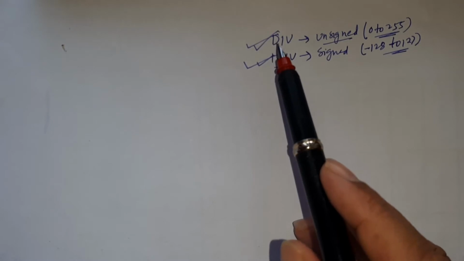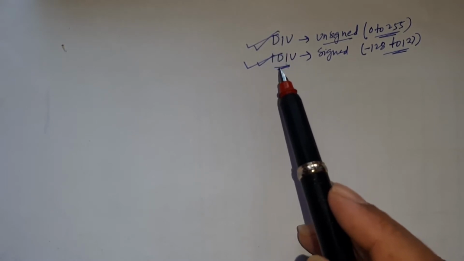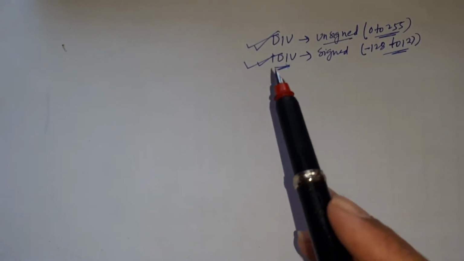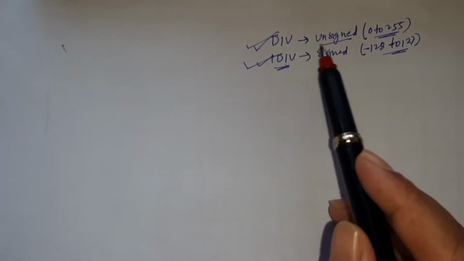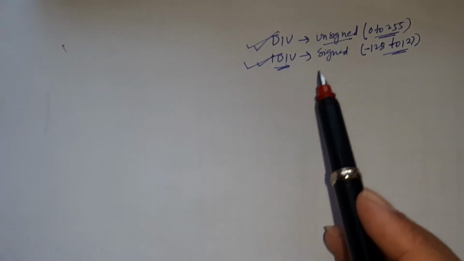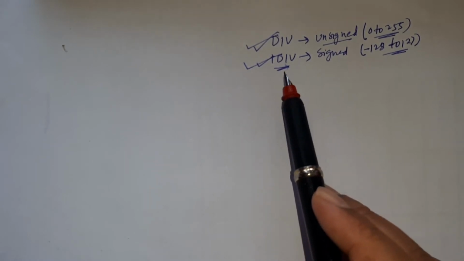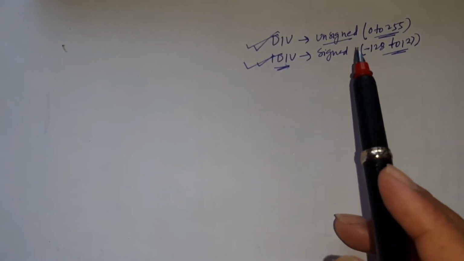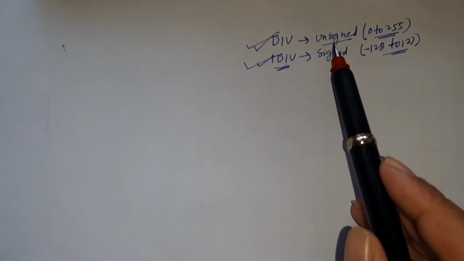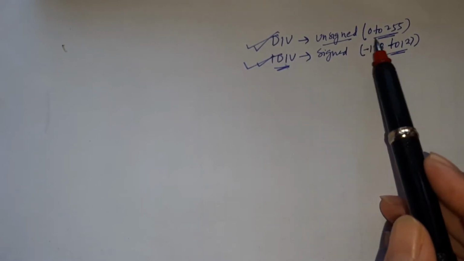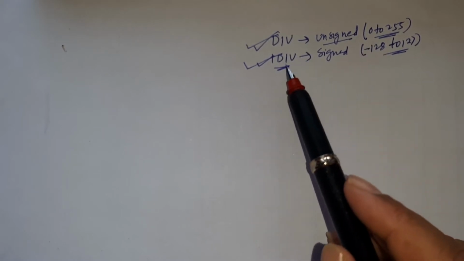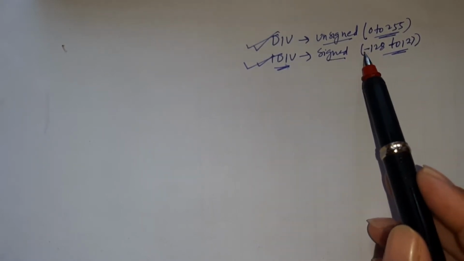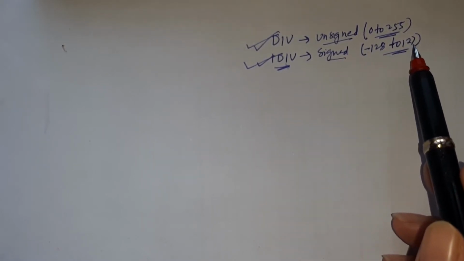So the question is, what is the difference between these two? The difference is that the DIV instruction is used for unsigned numbers and IDIV is used for signed numbers. The range of unsigned numbers is from 0 to 255, and for signed numbers it is -128 to 127.